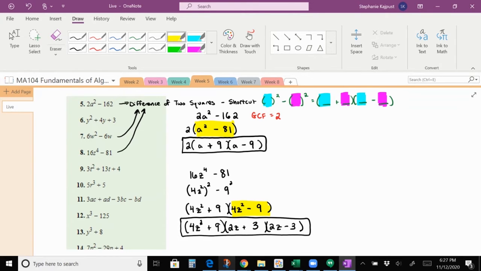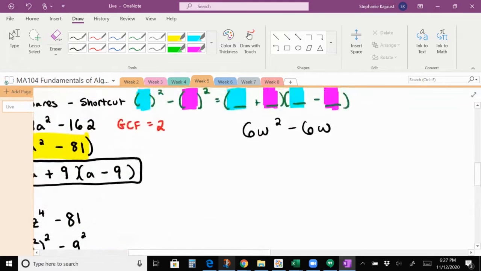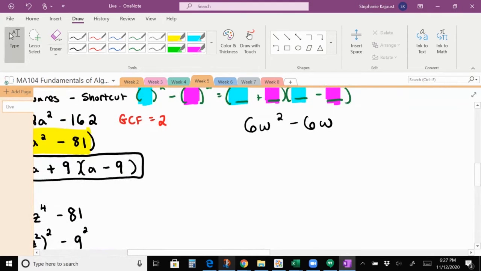6w to the second minus 6w. Okay. So the greatest common factor is going to be 1, 2. No, is that right? Am I saying it right? 1, 2, 3, and 6?